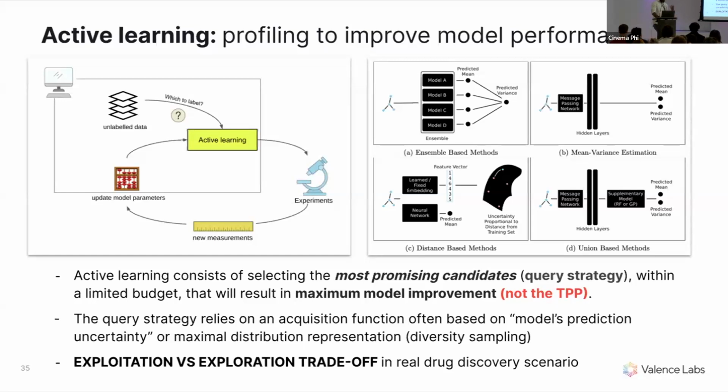There are also other classes of algorithms, like MVE and MC dropout, when you're using neural networks, that provide that level of uncertainty, and you can use that to acquire new compounds, profile them, and improve your model over time.